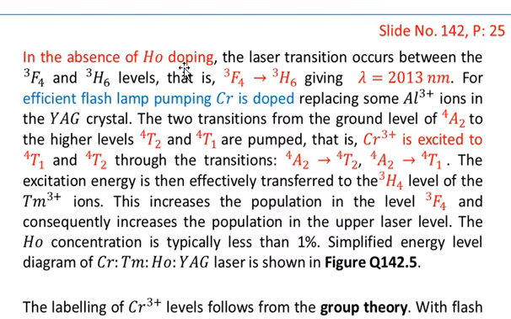In the absence of the holmium doping, the laser transition occurs between 3F4 and 3H6 levels. That is the transition from 3F4 of the thulium ion to 3H6, the ground state of the thulium ion, giving you a wavelength of 2013 nanometer.